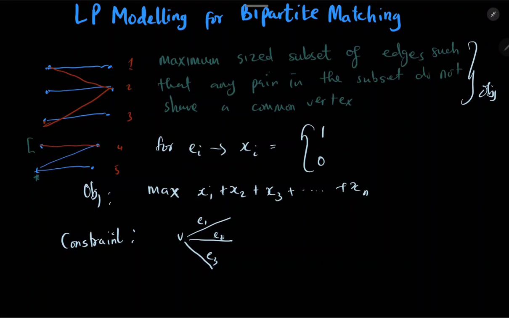So remember we are going to represent e_i with x_i. So for this, we can say x1 plus x2 plus x3 equals 1. This is what it means. And that's because we are choosing only one. Any one we choose would be represented as 1, and the other two will be represented as 0, since they are all connected to one vertex.